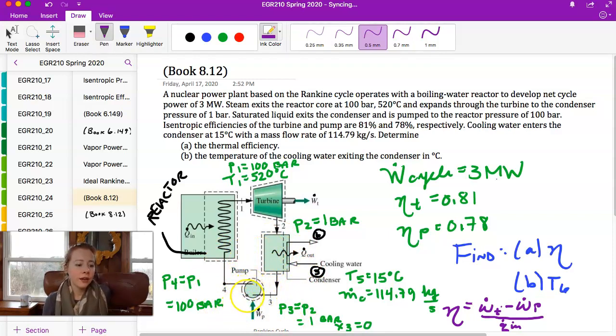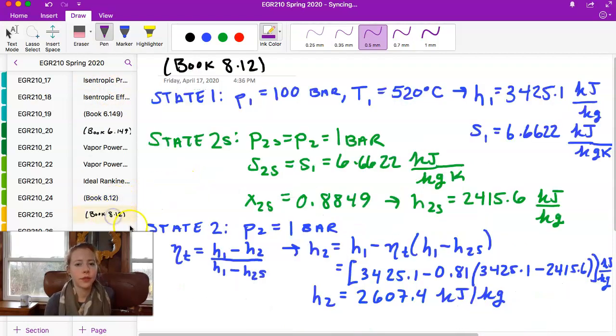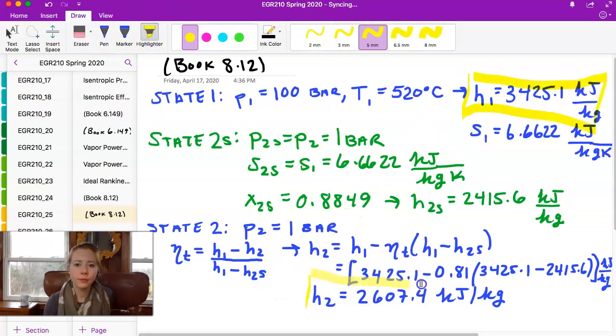And then finally, we're going to have to find Q in, which is between 4 and 1, for the reactor to get eta. Okay, so now we have H2. Let's put a little box around H1 because we're going to need that later, and around H2.